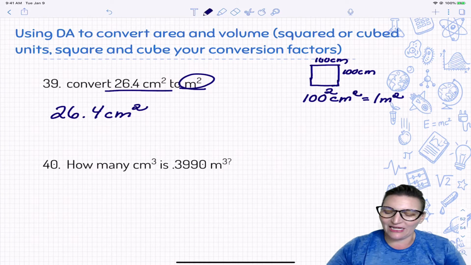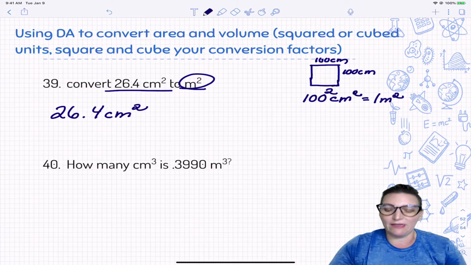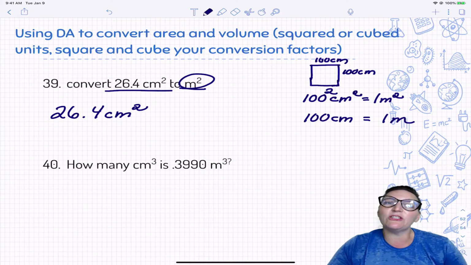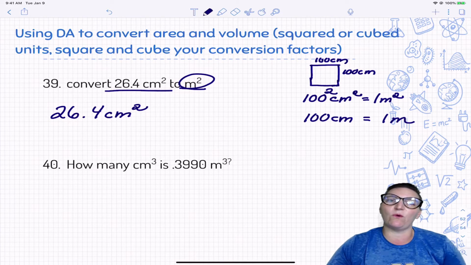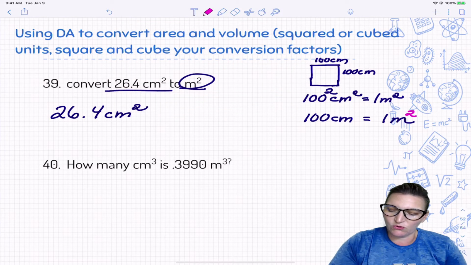I can take any conversion factor. So I'll rewrite this. We learned the conversion factor that 100 centimeters equals 1 meter. How do I turn that into the conversion factor for squared units? It's very simple. You literally just square everything in it.